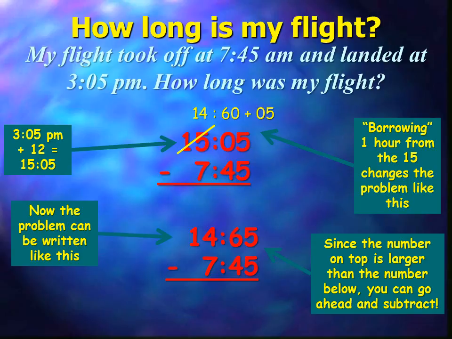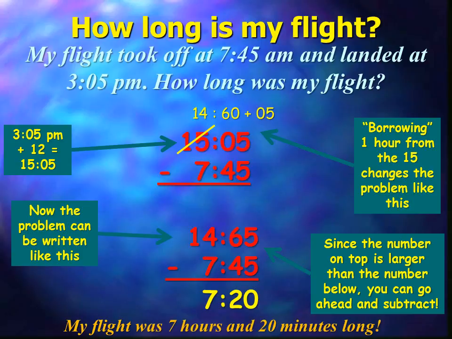Since the top number is larger than the lower number, you can go ahead and subtract as you would. When you do the calculation, you find out that you are left with 7 hours, 20 minutes. So in fact, my flight was 7 hours and 20 minutes long.